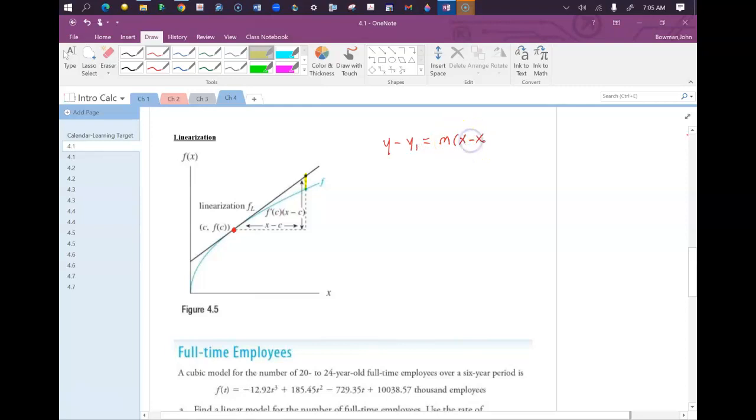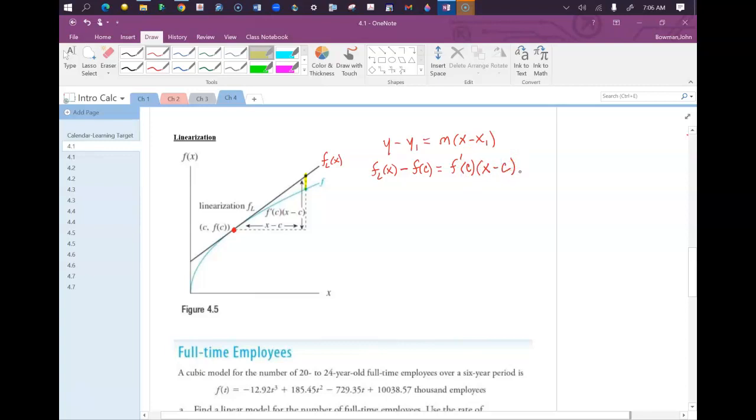So again, starting from the point slope equation of the line, y minus y1 is equal to m times x minus x1, then we're going to call this FL of x. FL of x minus the point on the curve and the line, f of c, the y-coordinate, is equal to m, and m is just f prime of c, the derivative of f at c, times x minus c.